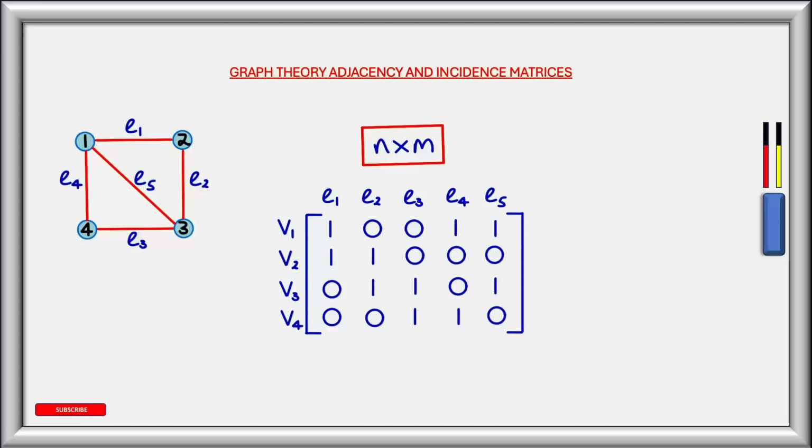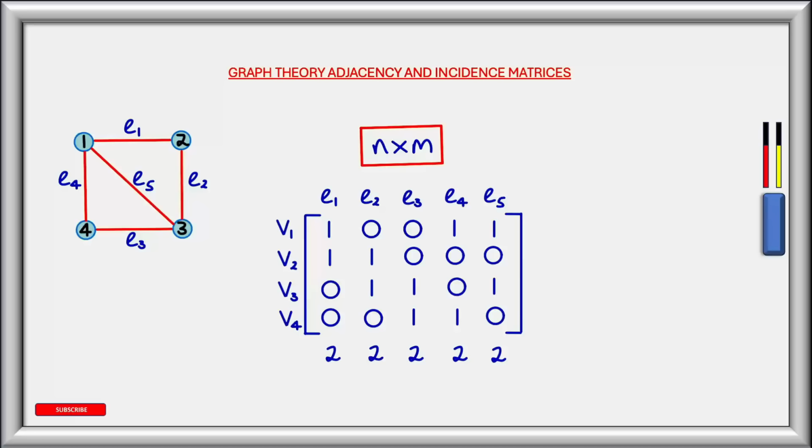And if we continue the process, we get the completed matrix shown here. And in a simple graph, as mentioned earlier, every single column in an incidence matrix must have exactly 2 1s, because every edge connects to exactly 2 vertices. And because of this, we see that the sum of each column is equal to 2.